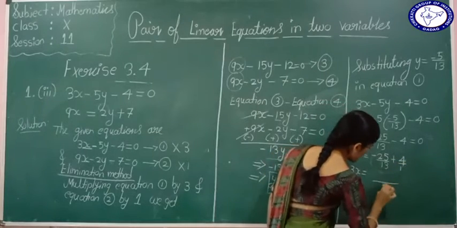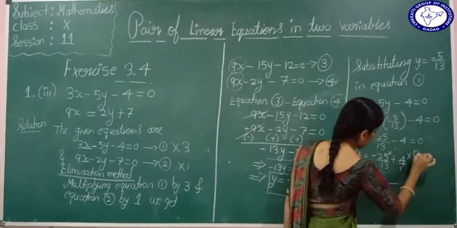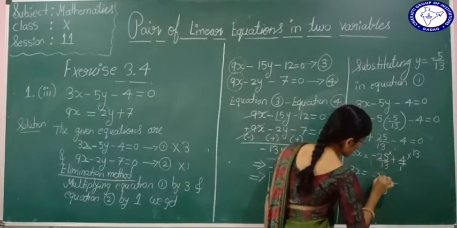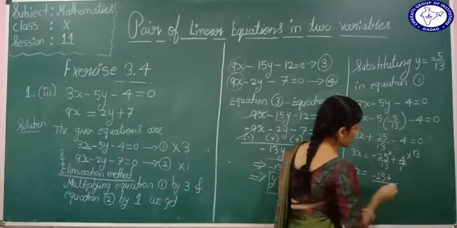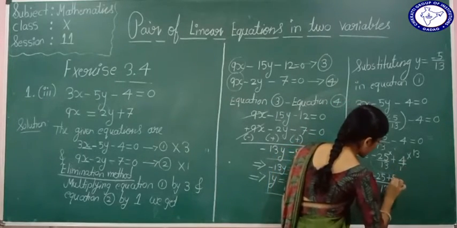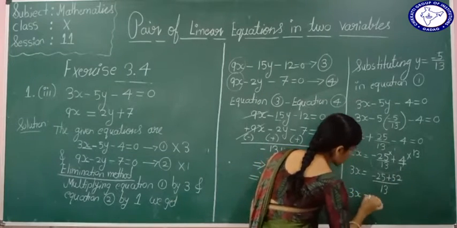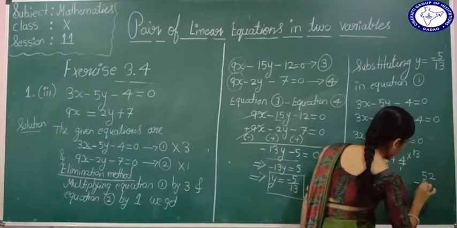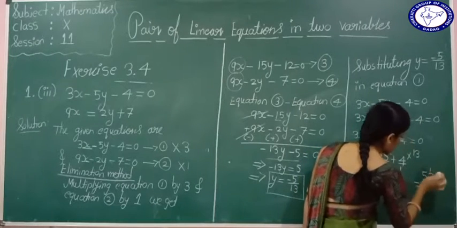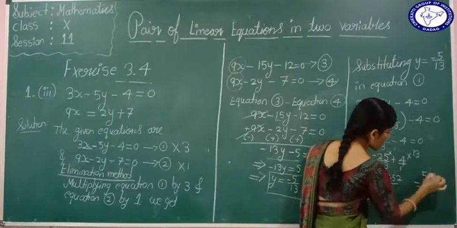It is 13. 13 ones are 13, so minus 25, plus 13 fours is 52. Now see here, 52 minus 25.